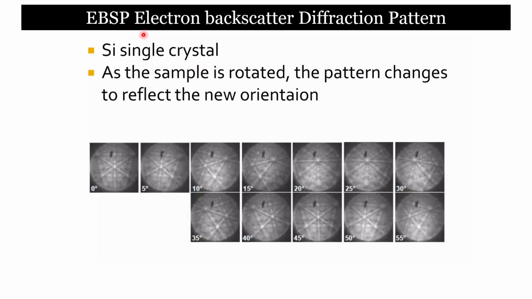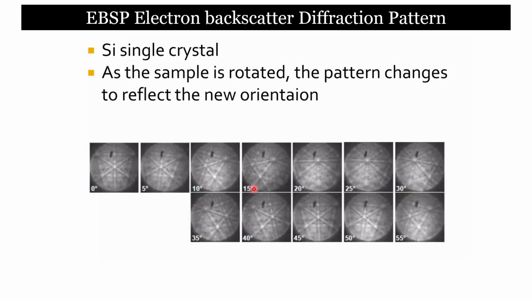So the EBSP, which is the electron backscatter diffraction pattern, we have shown for a silicon single crystal. As you rotate your specimen, the Kikuchi band patterns which you see on your phosphor screen and then on your computer screen will change.